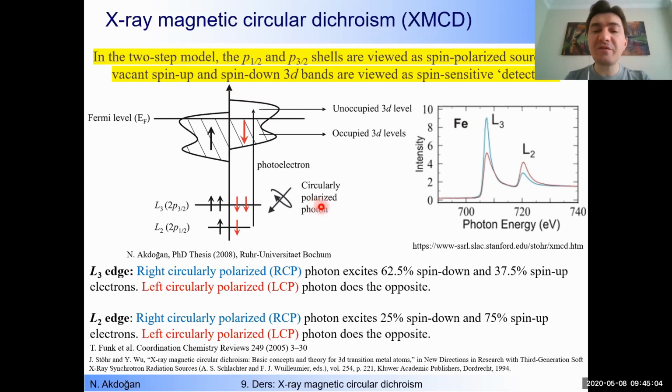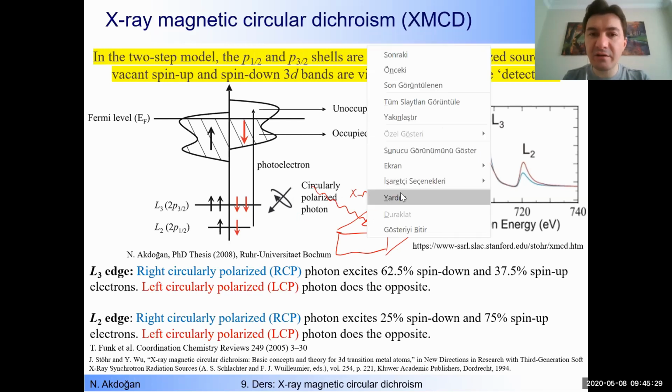So if we use X-rays, let's consider we have a material here, okay? It is a thin film. And then we send an X-ray to the material. So what happens if I send that X-ray to the material?